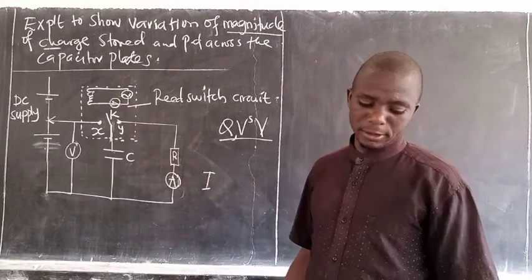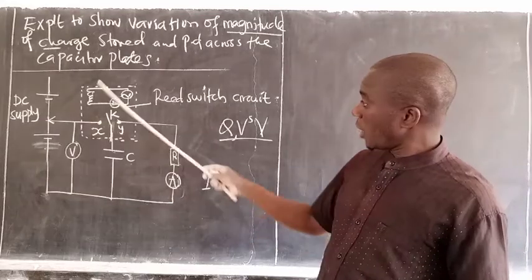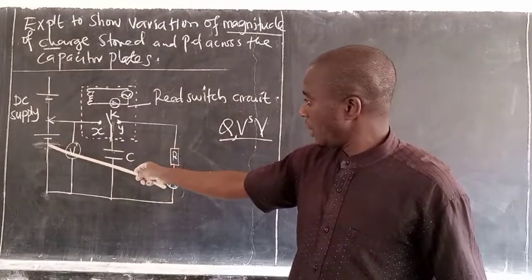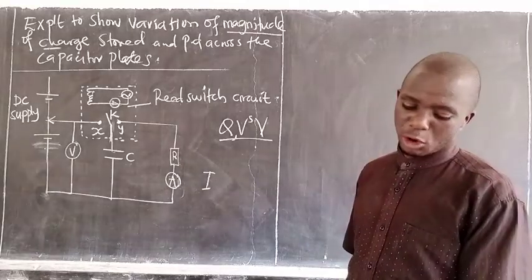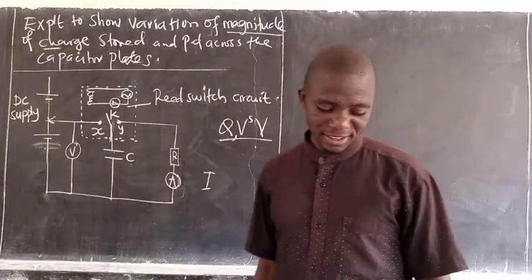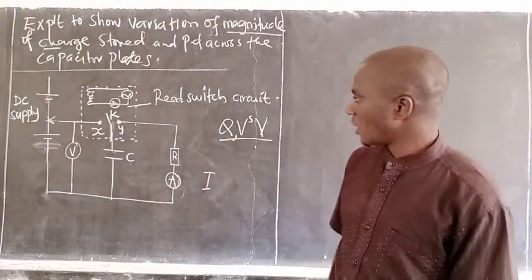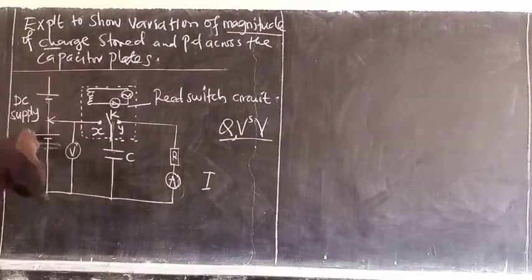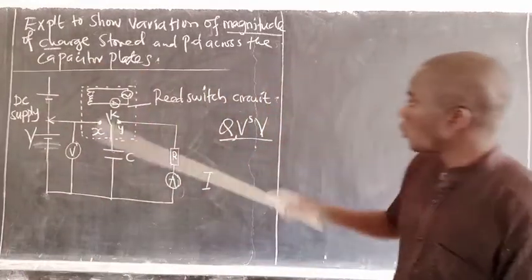So what happens? If we increase the PD V here, it is observed that when the PD across the capacitor plates is being increased, the current reading I keeps on increasing. How do you increase it?